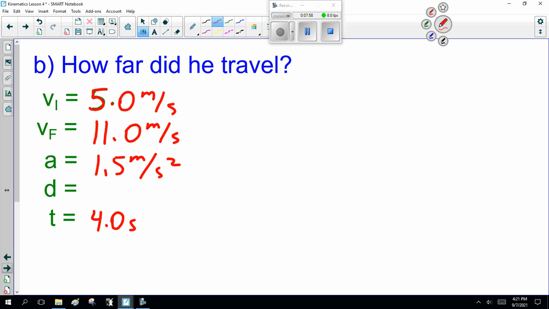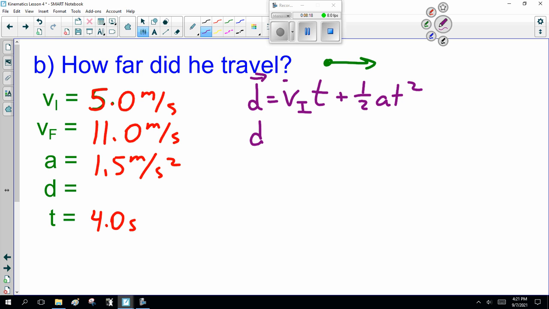Okay. So, what formula do we use? I didn't bother drawing a picture because I drew it in the last question. There he is driving. So, displacement is v initial t plus 1/2 AT squared, or displacement is v final t minus 1/2 AT squared.